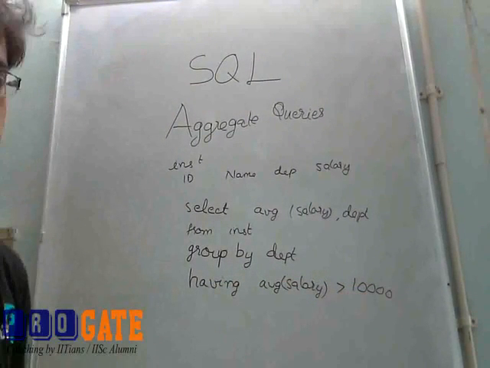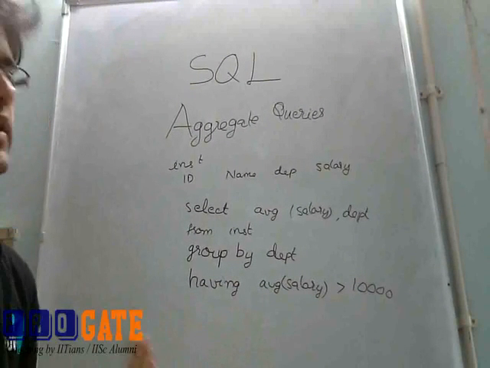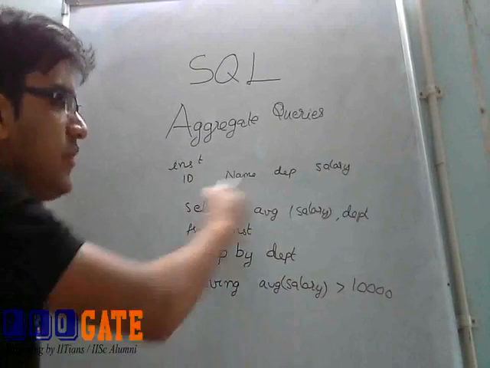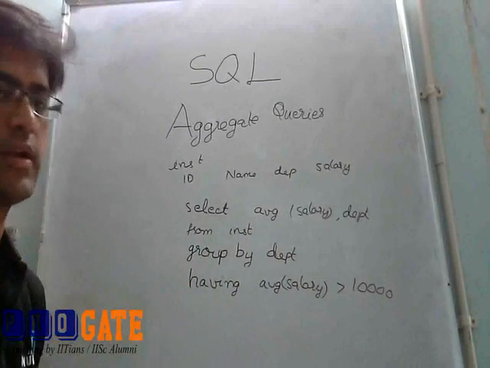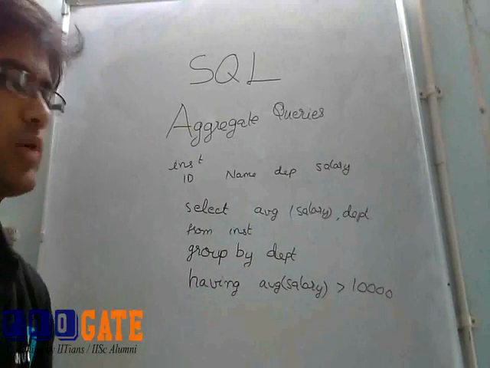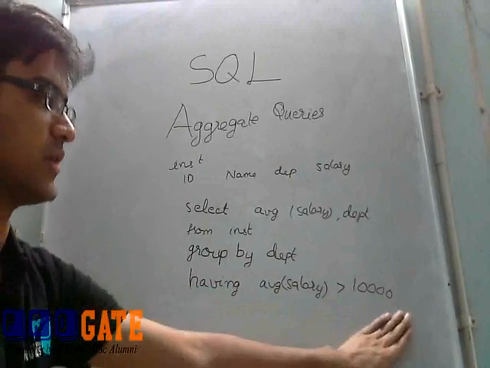Now the important point to note here is that this having clause is executed after the result of this query is obtained. So after we get the department name and average salary of all the departments, this part filters our result to only those departments whose average salary is greater than 10,000.